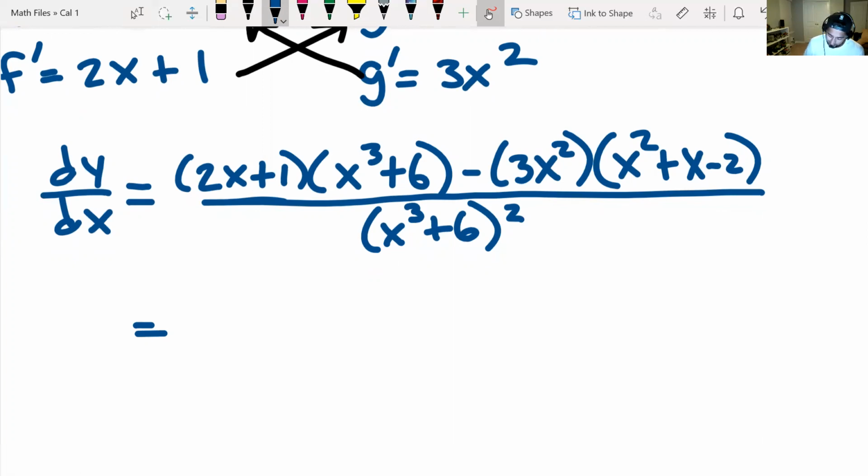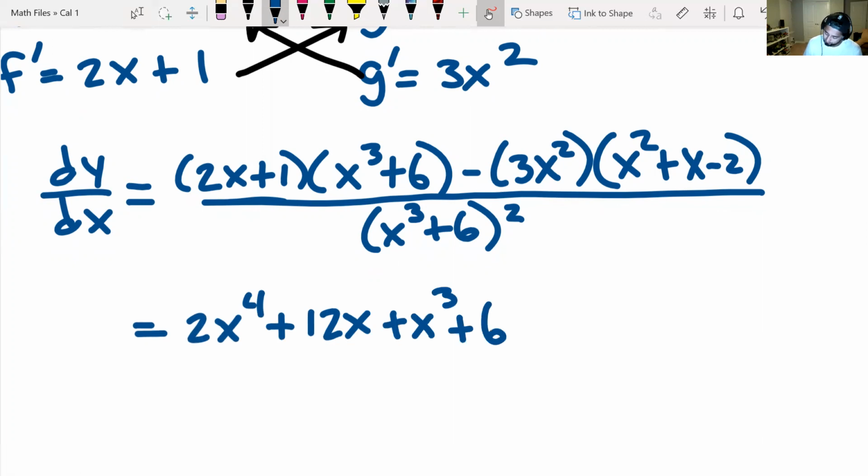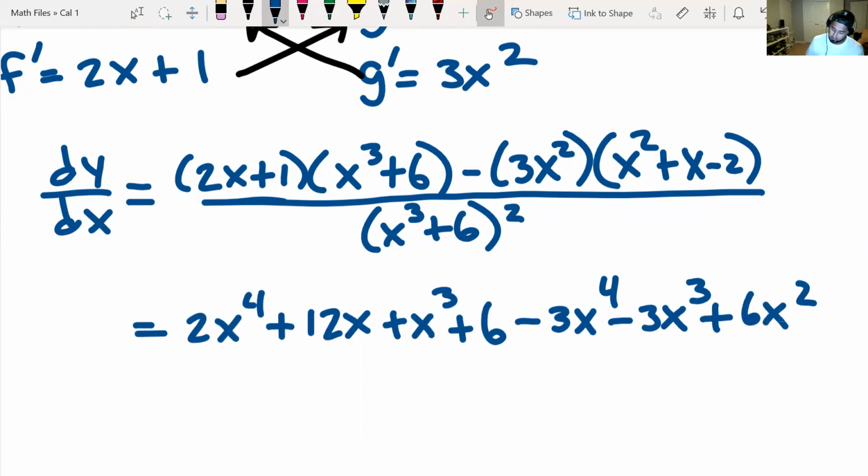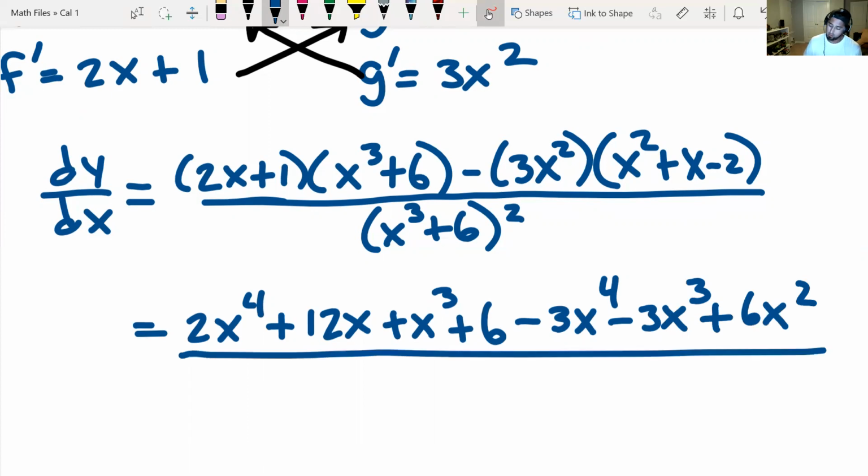All right, so I'll get 2x to the 4th plus 12x plus x cubed plus 6 minus 3x to the 4th minus 3x cubed plus 6x squared over x cubed plus 6 squared.